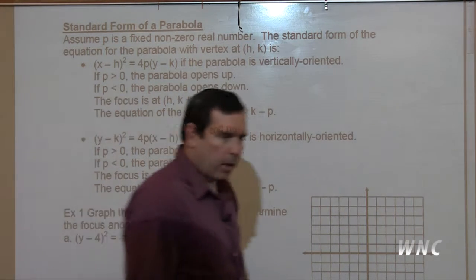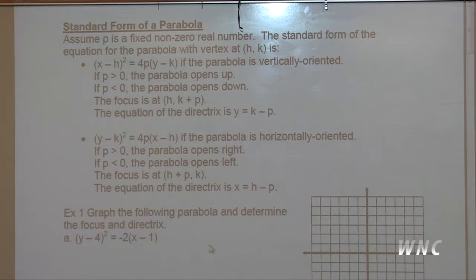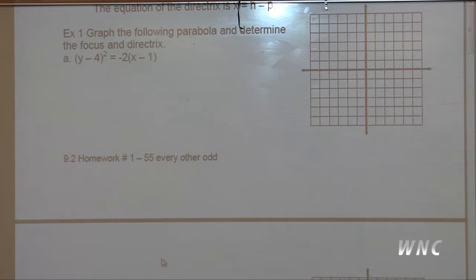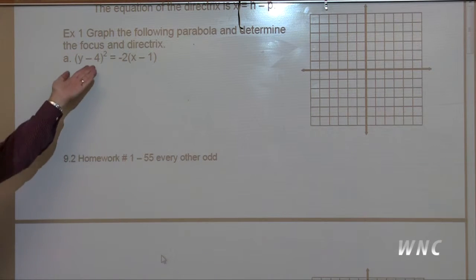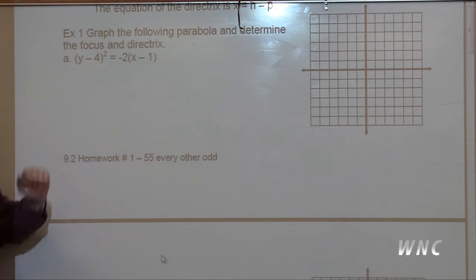Okay, so we're going to do example 1. Graph the following parabola and determine the focus and the directrix. Well, notice the y part is squared, so it's going to open horizontally.